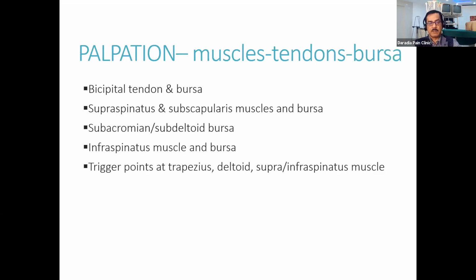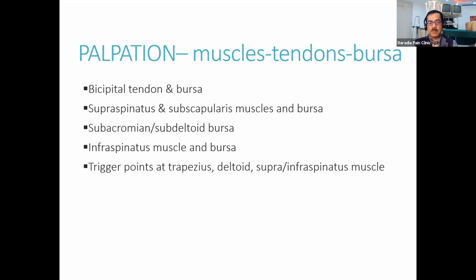Then an important part of palpation is the muscles, tendons, and bursa. As I already mentioned, muscle tendons are very important because tendinopathies are one of the very common causes of shoulder pain, as is another important cause, myofascial pain.